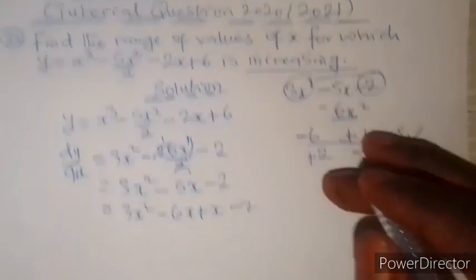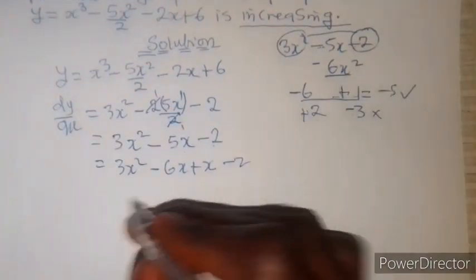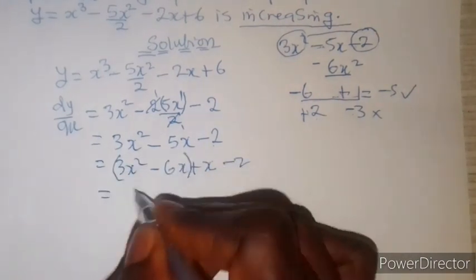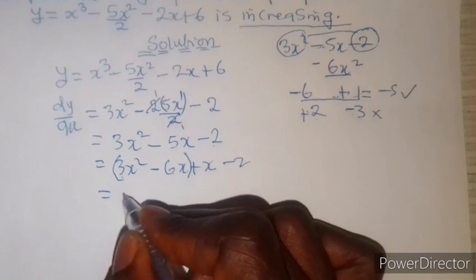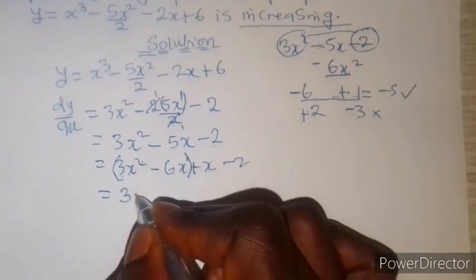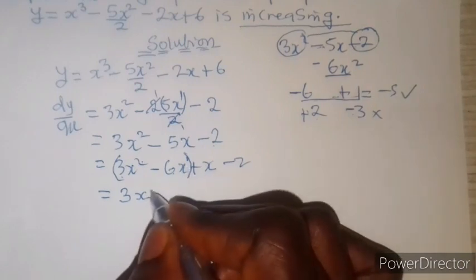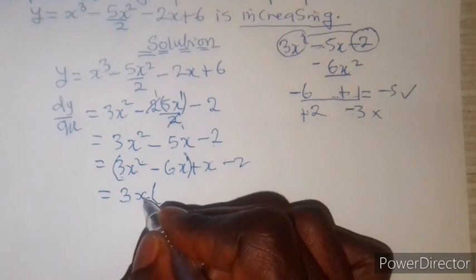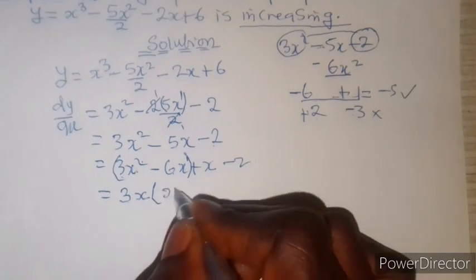Now, the next thing we do is to factorize the first two terms. Note the 3 and the 6. The common factor is 3. For x squared and x power 1, we take the lesser power of x, which is x power 1. Then 3 cancels 3, and x squared divided by x gives us x.